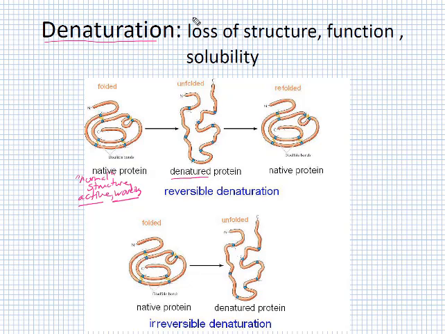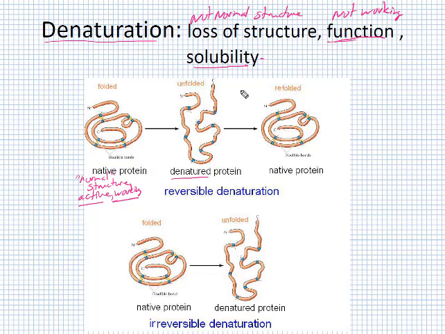It's not the normal structure. So it says loss of structure. What we're losing is the normal structure. So it also loses function. Often it also loses its solubility. Talk about function first. So just say here again, not working.